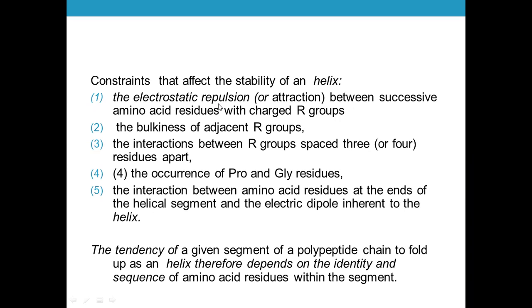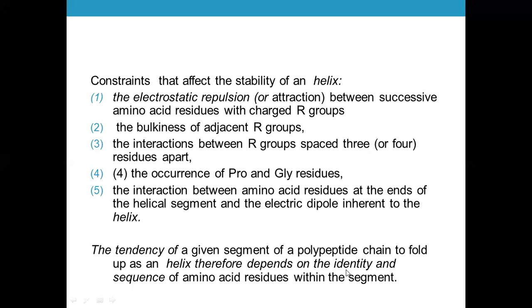If there is a repulsion, of course, to stabilize. Whatever could stabilize the alpha helix would lead to an alpha helix structure. Another is the R groups, which will affect it.